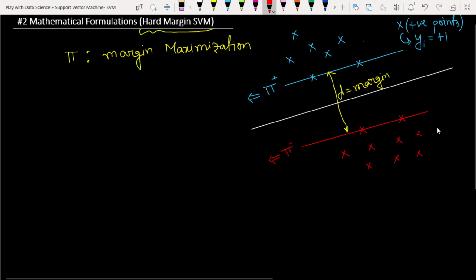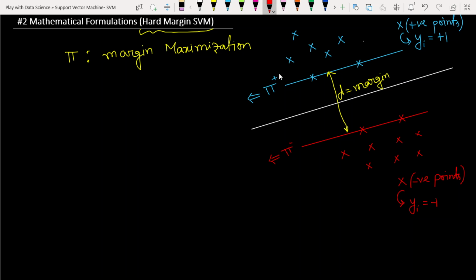This red ink denotes our negative points, and for the red ink yi is equal to -1. I think we also drew these pictures when we discussed the geometric intuitions.